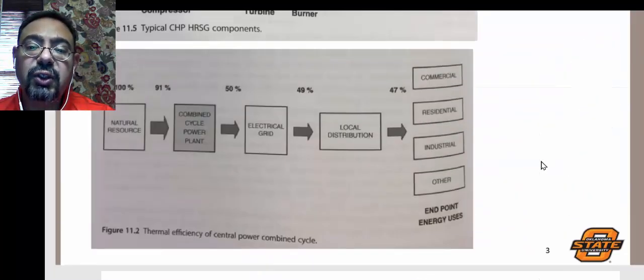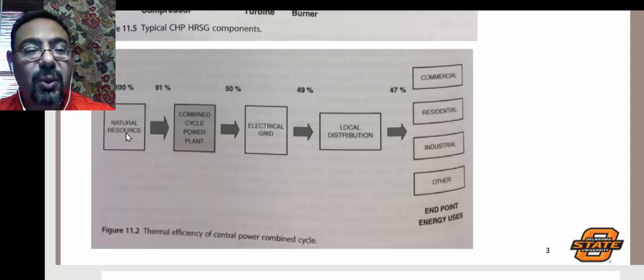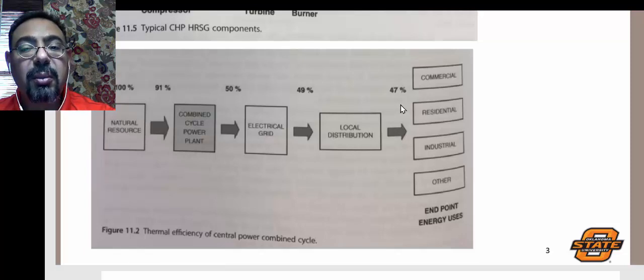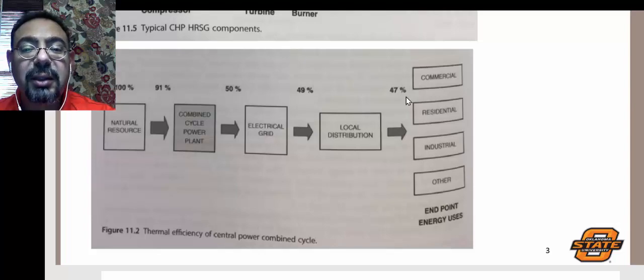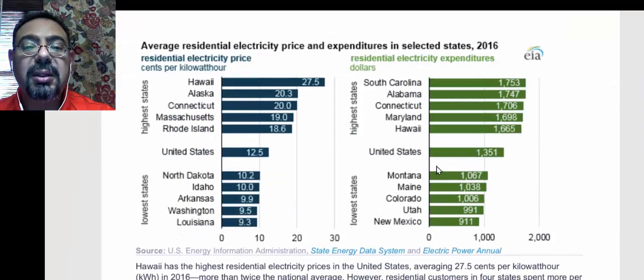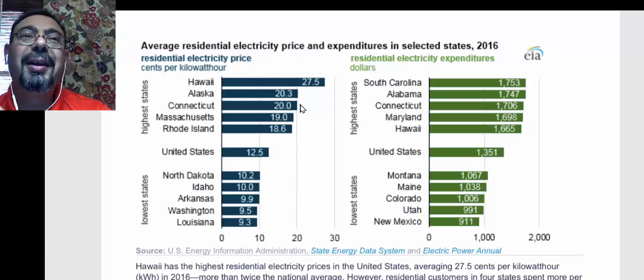And as a mechanical engineer who knows this fact, that the natural gas that we burn in the steam power plant or the combined cycle power plant, only 40%, let's call it 50%, made it to us as electricity, and the other 50% is basically sent into the river and in the air.